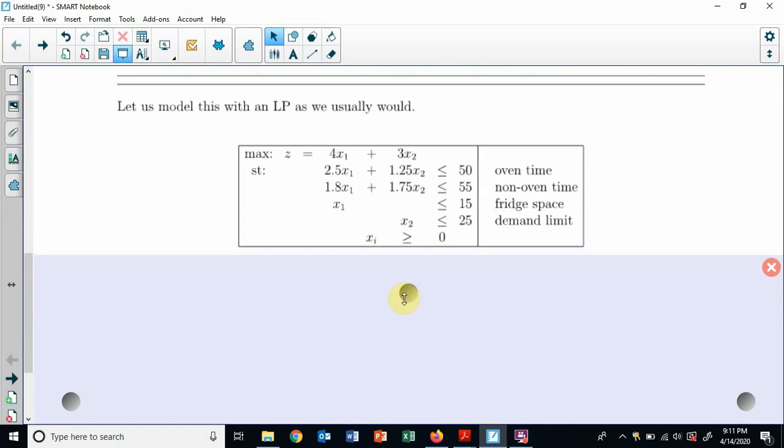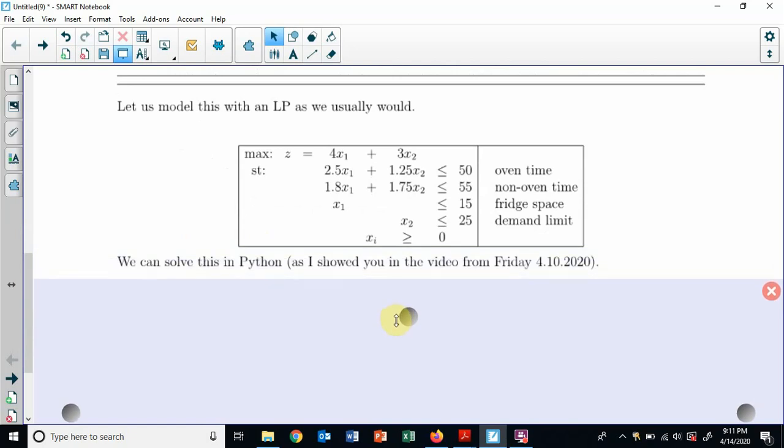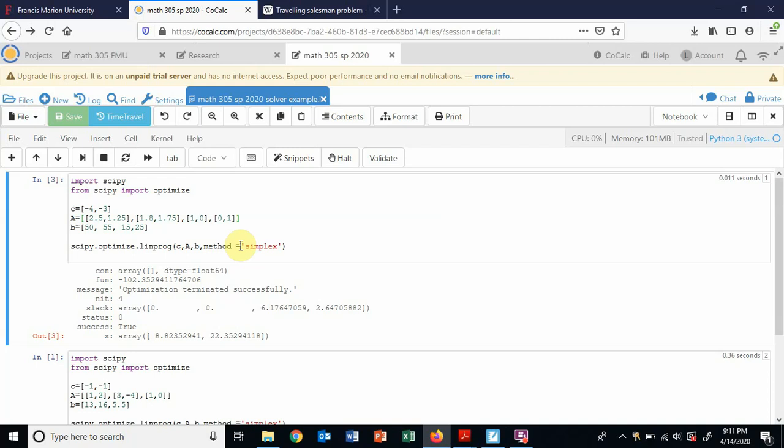So we can solve this in Python like I showed you on Friday. I actually have it typed in already. There's my code, there's the cost. Remember, you have to change it to minimization. And there's the A matrix and the right-hand sides. Control Enter. Boom. So the maximal amount of profit we can make off those two cakes is $102.